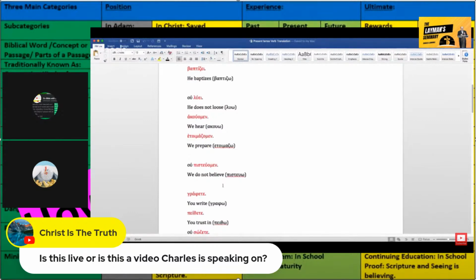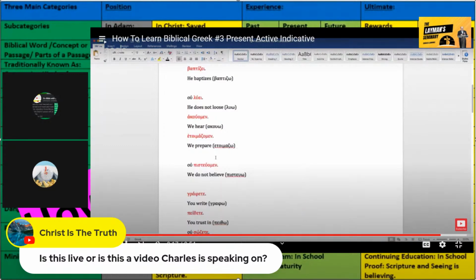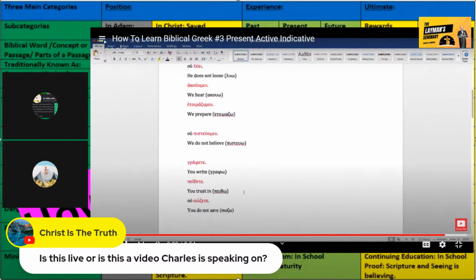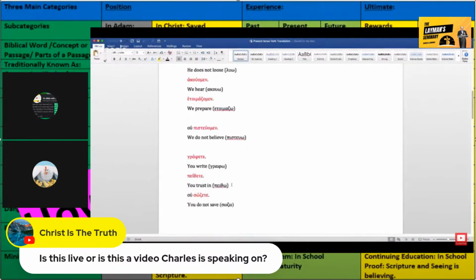There's not too much difficulty with the future tense. In fact, Black includes the present active indicative and the future active indicative in the same chapter. But we decided to separate them because it'd be good for y'all to look at these, get some of these words down, see how Rafe did this, and play back the video a couple of times before you start fresh with the future active.